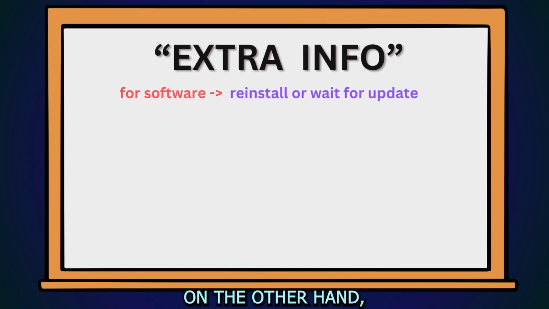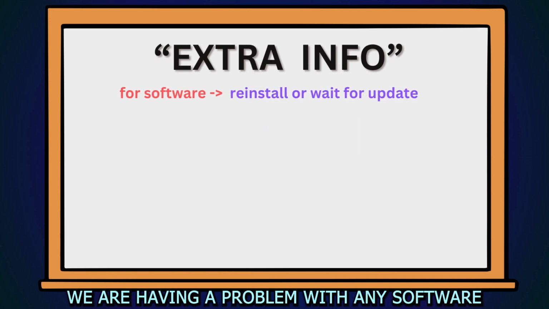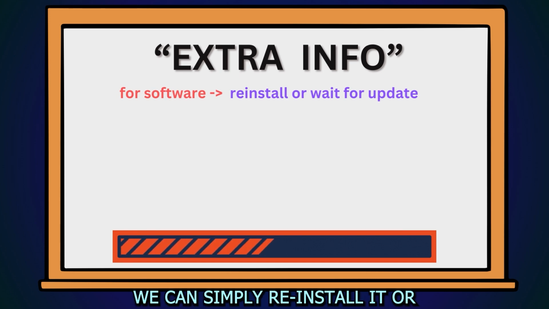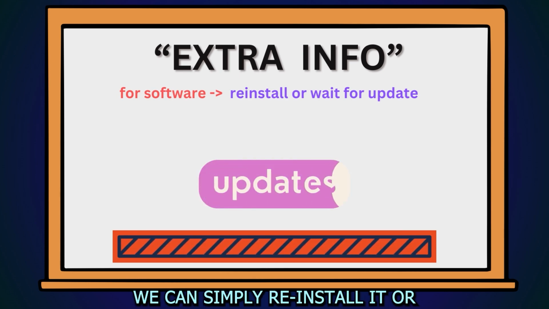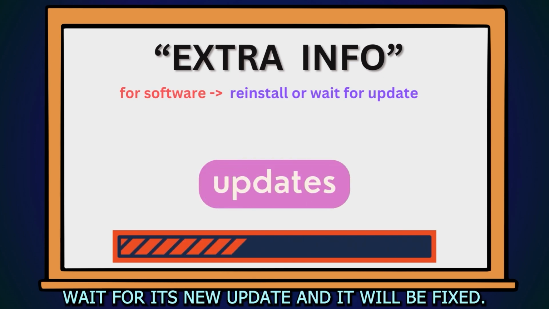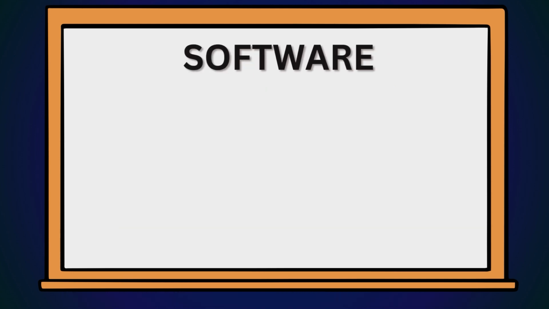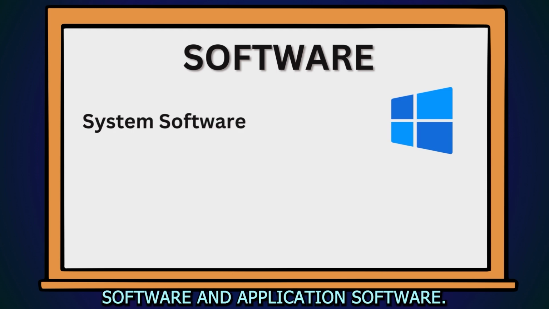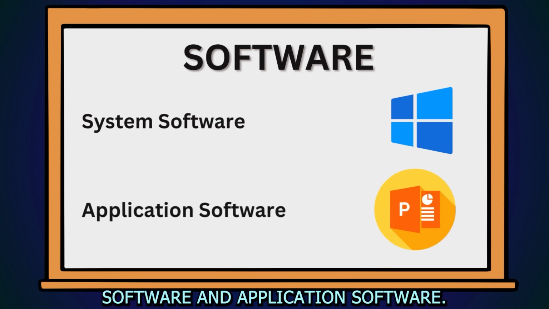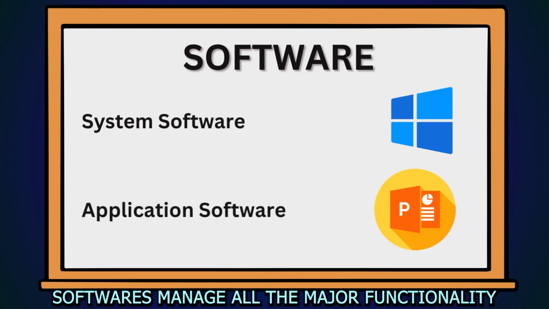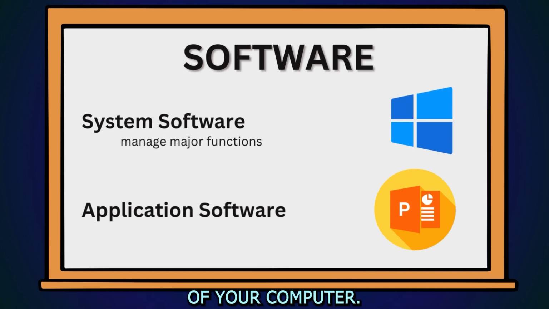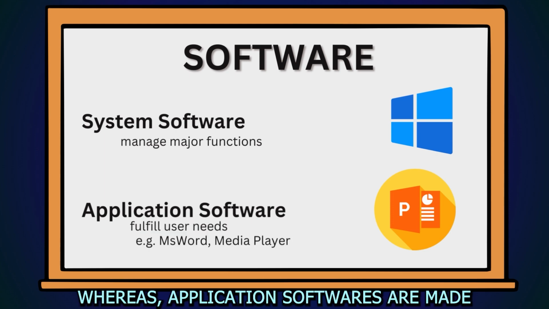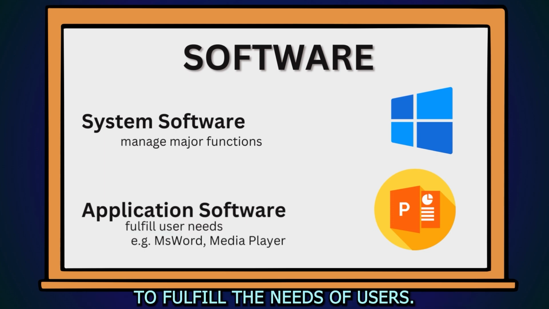On the other hand, if we are having a problem with any software, we can simply reinstall it or wait for a new update and it will be fixed. Some major types of software include system software and application software. System software manages all the major functionality of your computer, whereas application software is made to fulfill the needs of users.